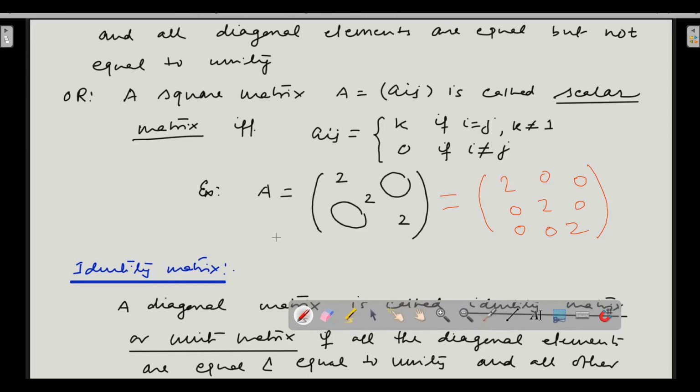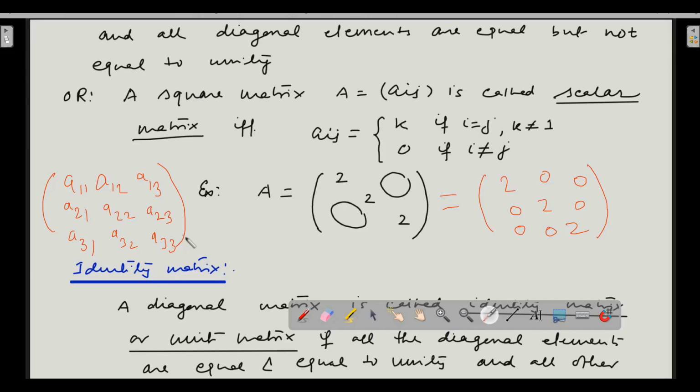Now compare this with a11, a12, a13. This is the general representation of a 3 cross 3 matrix: a21, a22, a23, then a31, a32, and a33. So what does it mean actually?